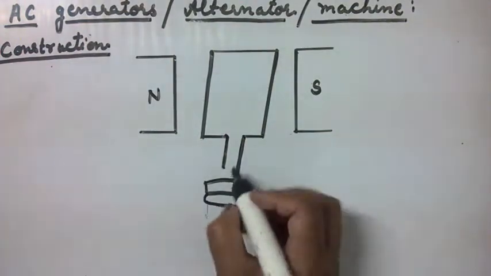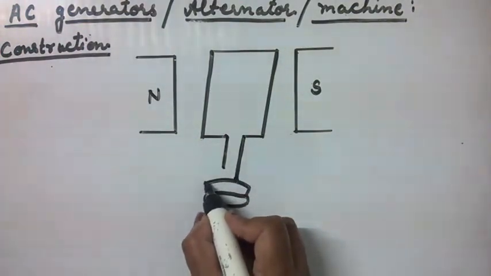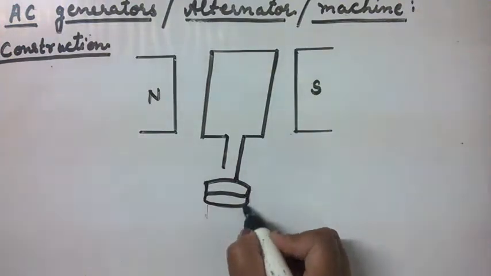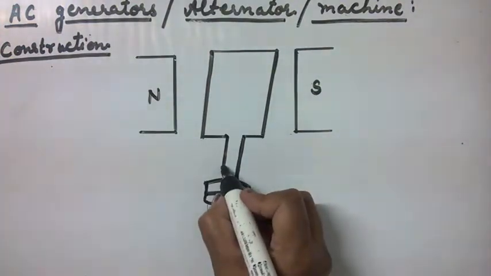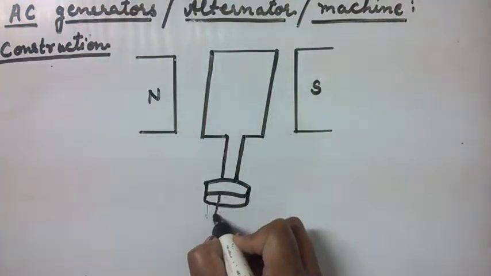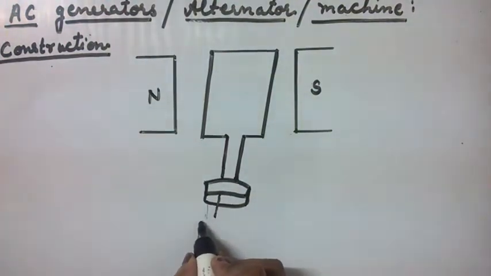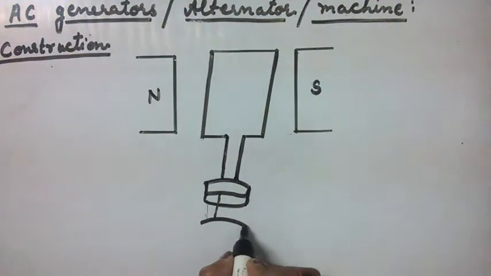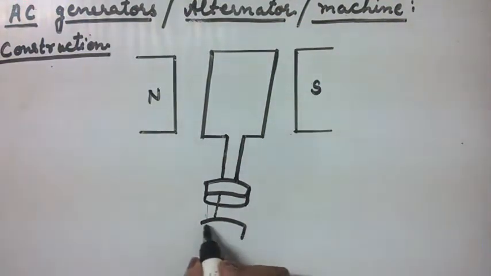One end is connected with one slip ring and the other end is connected with the other slip ring. A slip ring helps to rotate the coil.